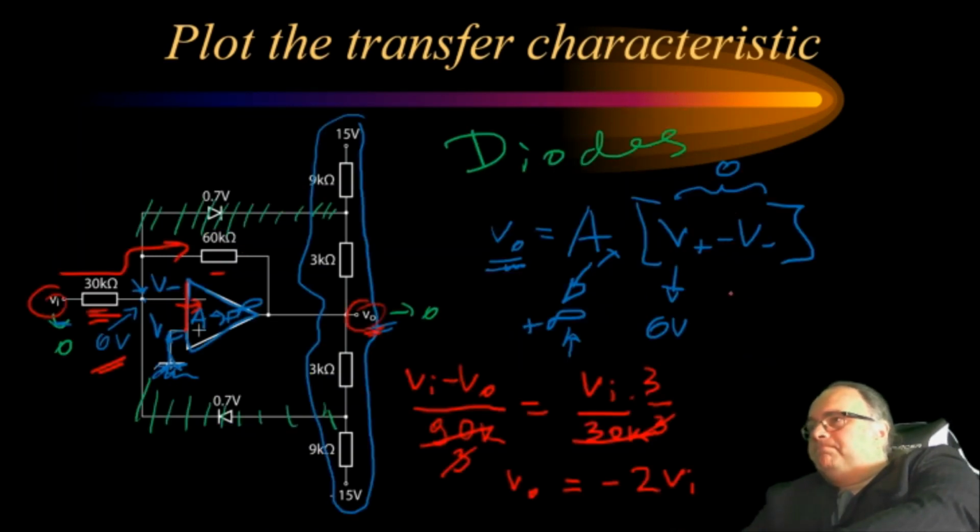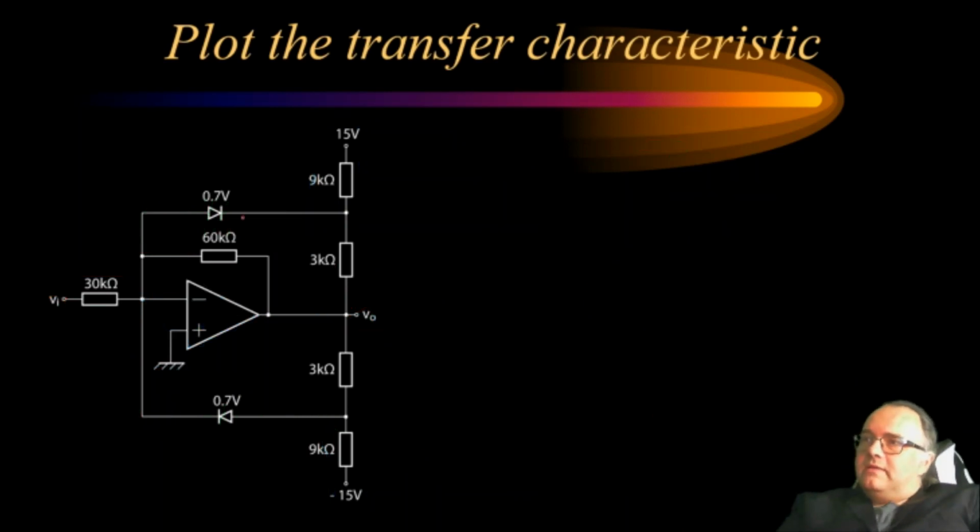Now, good. Let's see the condition when this diode turns on. Say that this is voltage VA here. This is 0 volt.